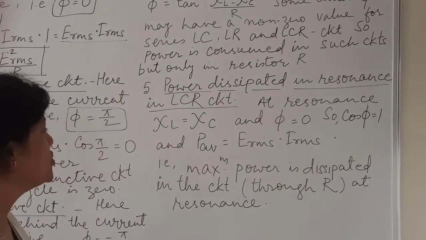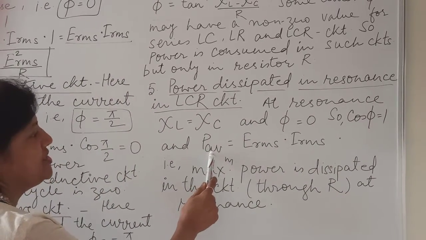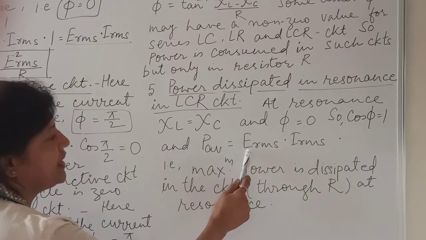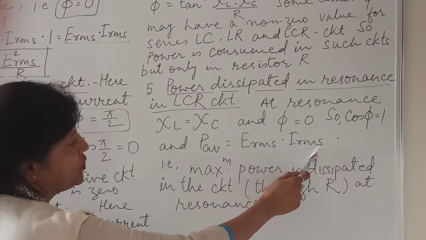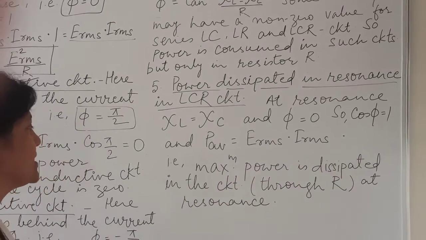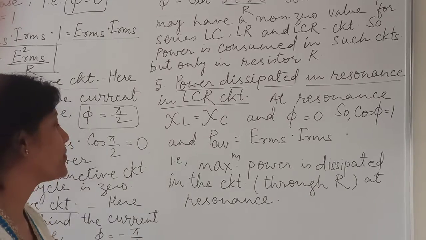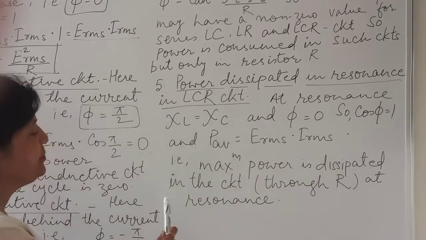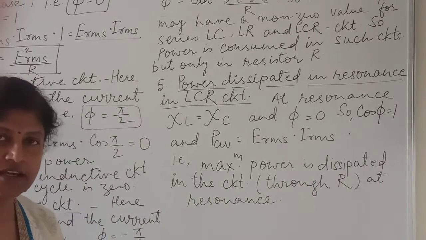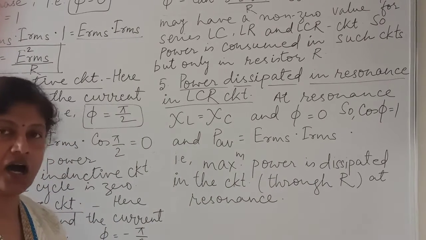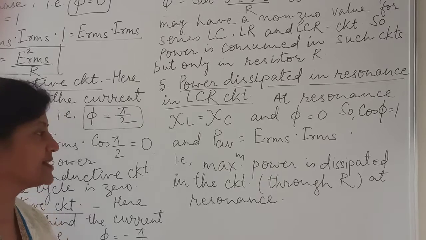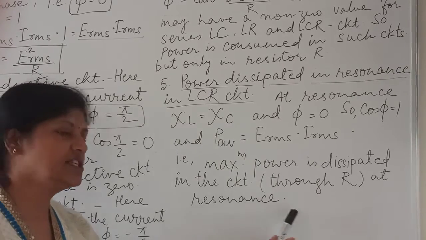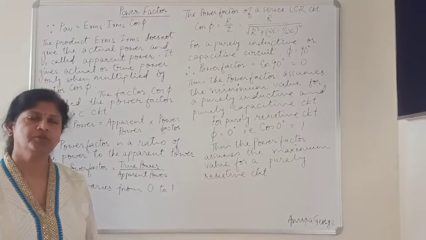So, P average is equal to E RMS into I RMS value. That is, maximum power is dissipated in the circuit through resistor at resonance.